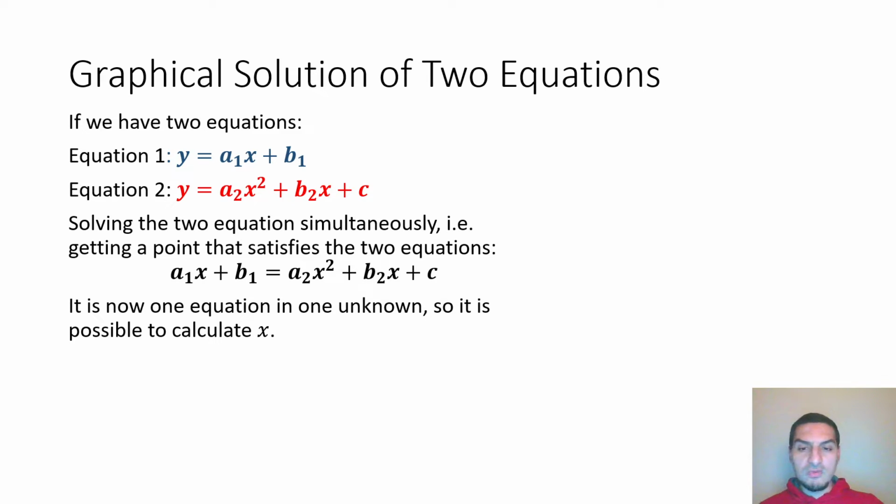I can simplify it and use the formula, or factor it into two brackets, or even use an iterative solution. Because it's one equation in one unknown, I can calculate x, and from either of the two equations I can calculate y, and then I have everything solved.